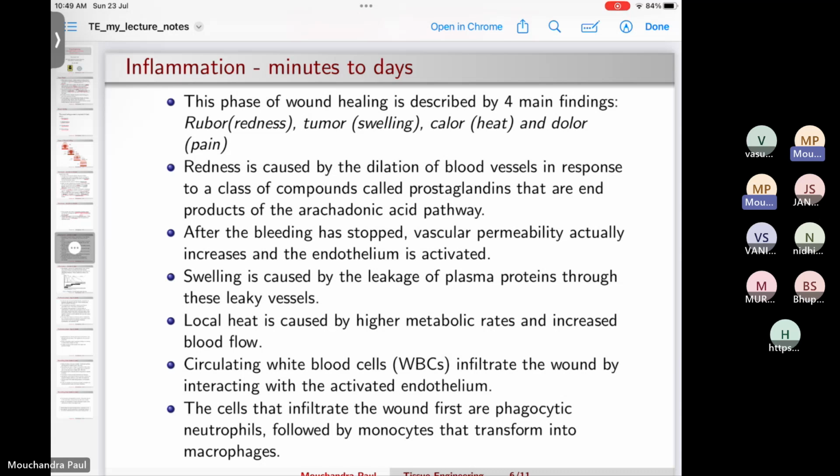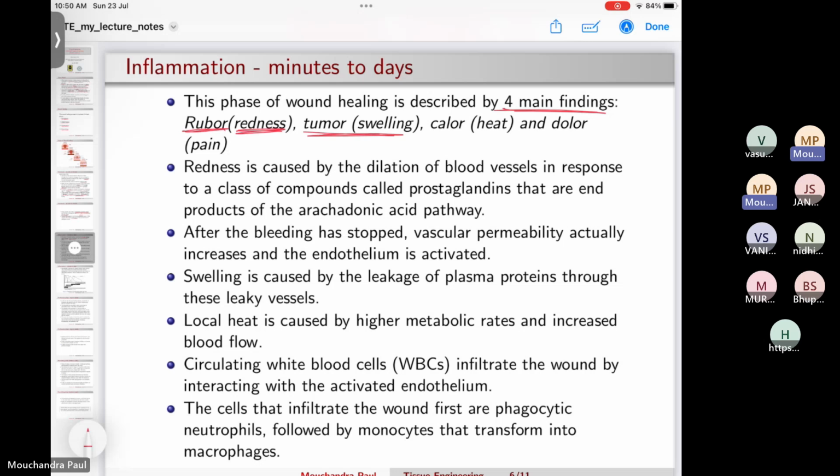You can actually see the inflammation happening if you see four main physical characteristics at the site of wound healing. You often see that the area becomes red. That is called rubor or redness. Then the area often becomes swelled up, like when you get bitten by an ant, right? That's also an inflammatory response that has taken place. That is tumor or swelling.